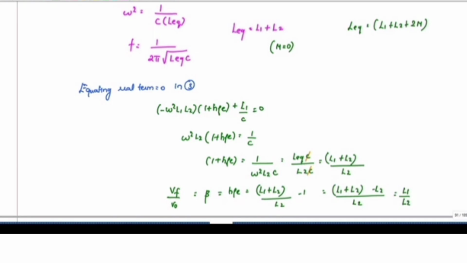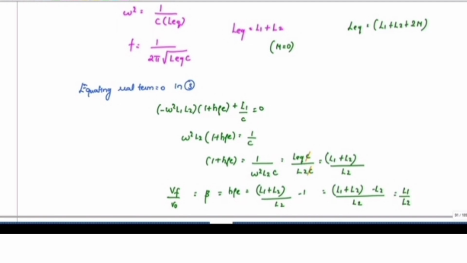So I have found the frequency by equating the imaginary term to 0, and by equating the real term to 0, I will get the value of beta. Once you get the value of beta, since beta is equal to 1 divided by A, the inverse of HFE is A. So A value is L2 divided by L1.